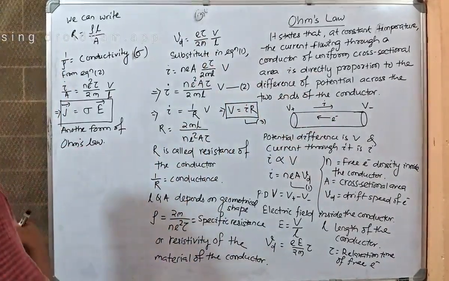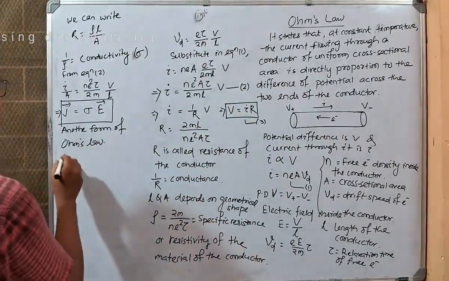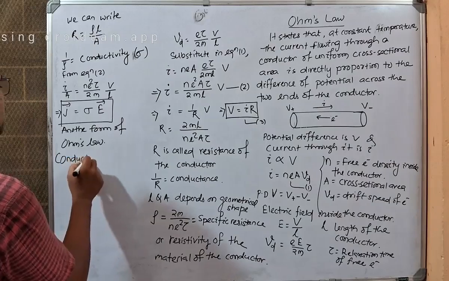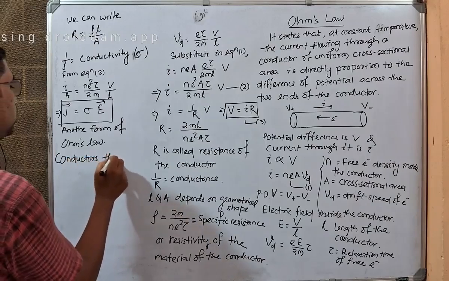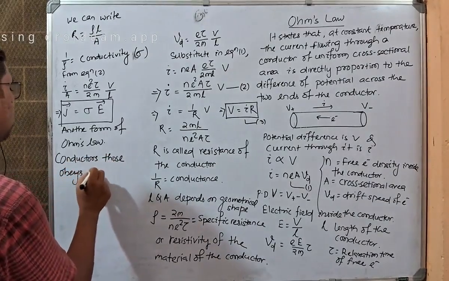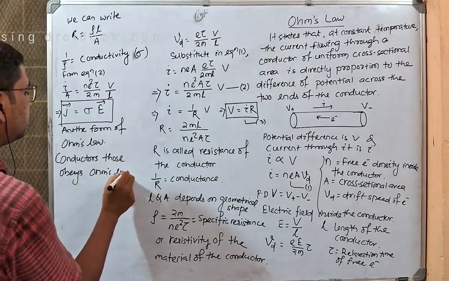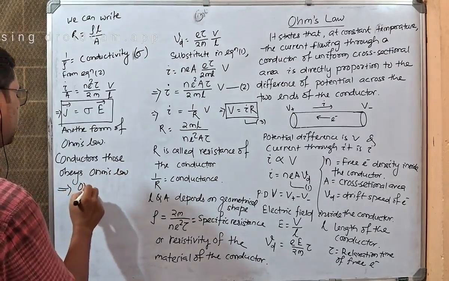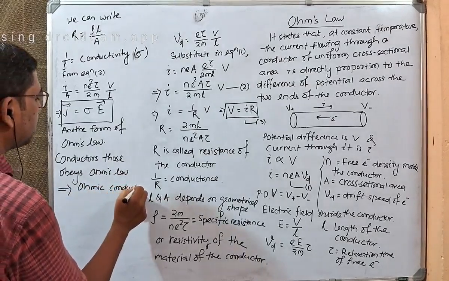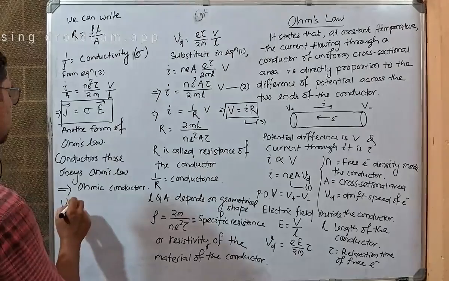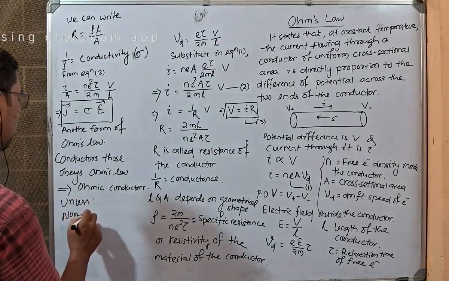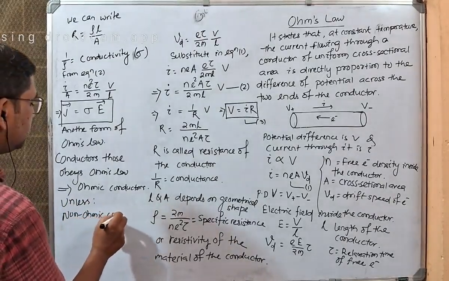Those conductors that obey Ohm's law are known as ohmic conductors; otherwise they are known as non-ohmic conductors.